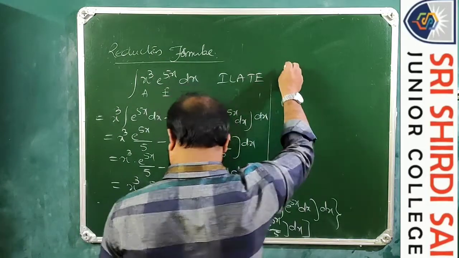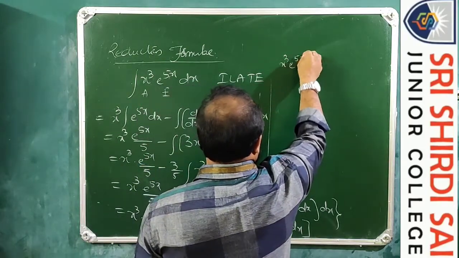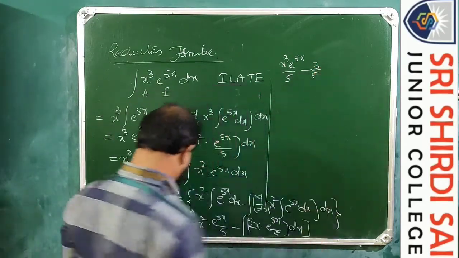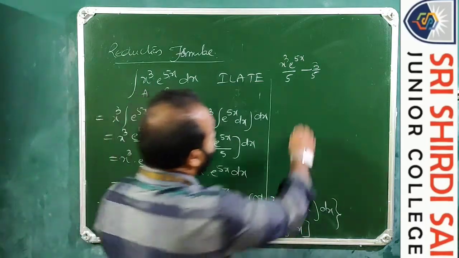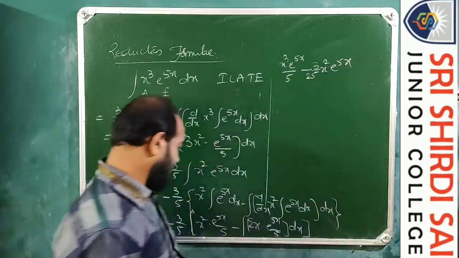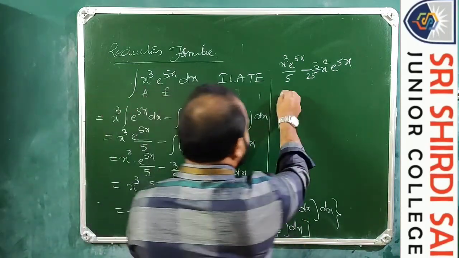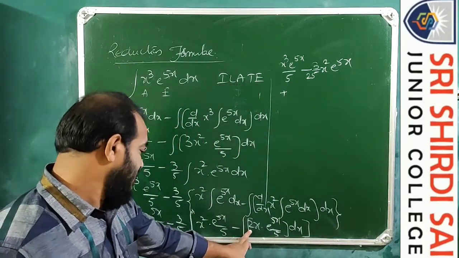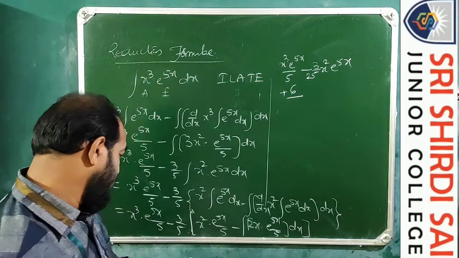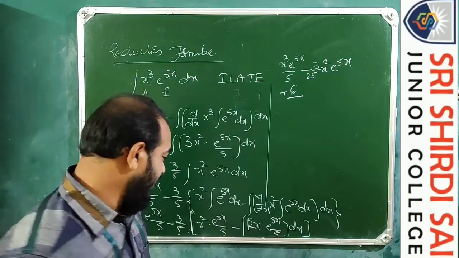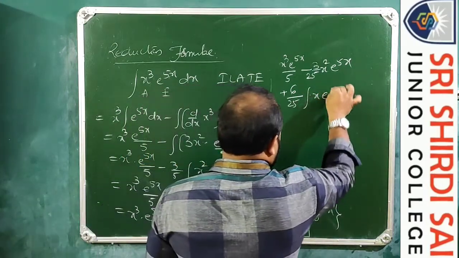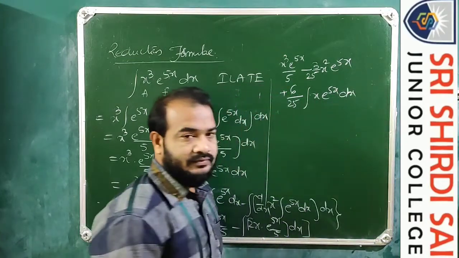So this is equal to x cube e power 5x by 5 minus 3 by 5, 3 by 5, 5 5s are 25, x square e power 5x, minus into minus plus, 3 2s are 6 by 5 5s are 25, integral x e power 5x dx.